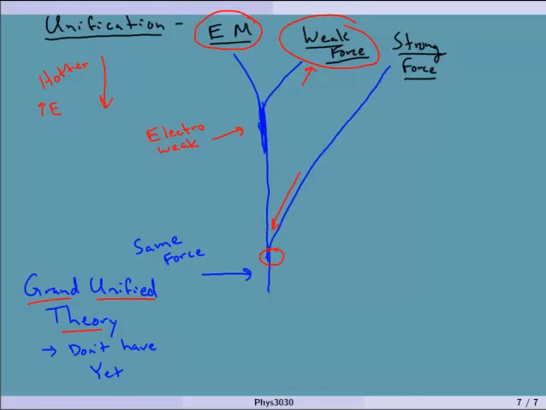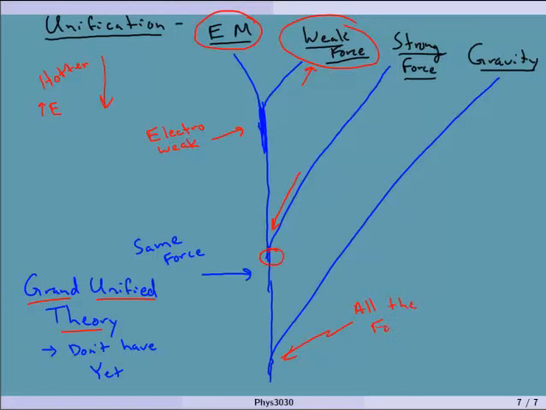So we assume that there's a grand unified theory. And of course, if I go back far enough in time, way back to the beginning of the universe, there's an idea that there should be some theory that covers all the forces. This is called a TOE, a theory of everything, which means a theory of all of the forces in one place.